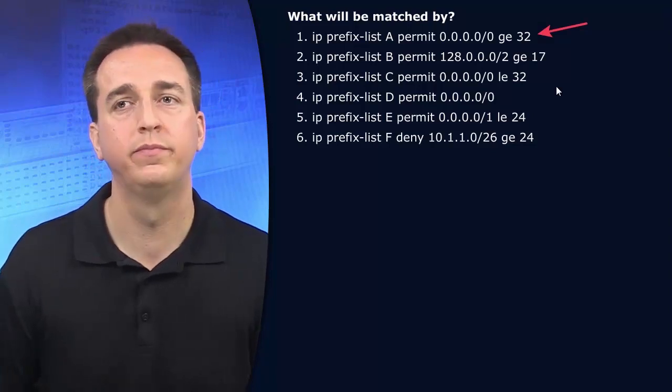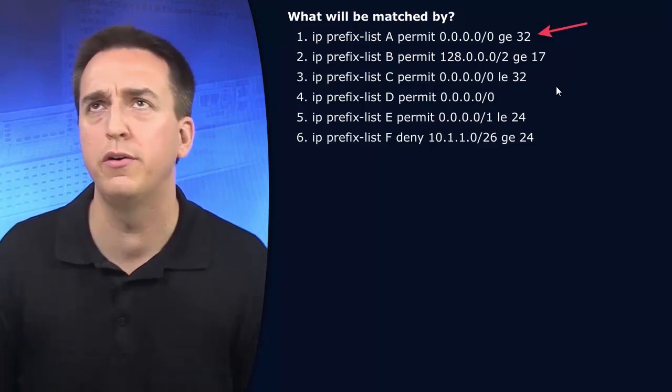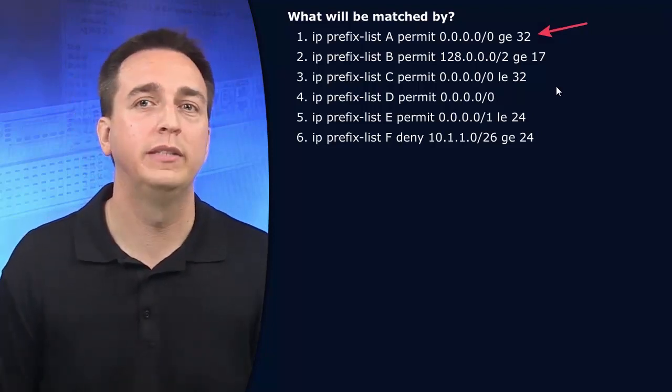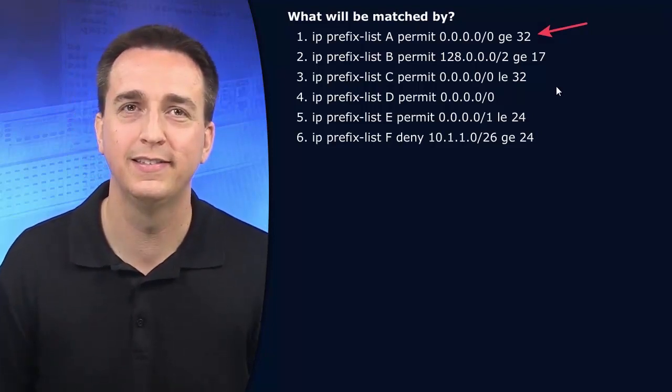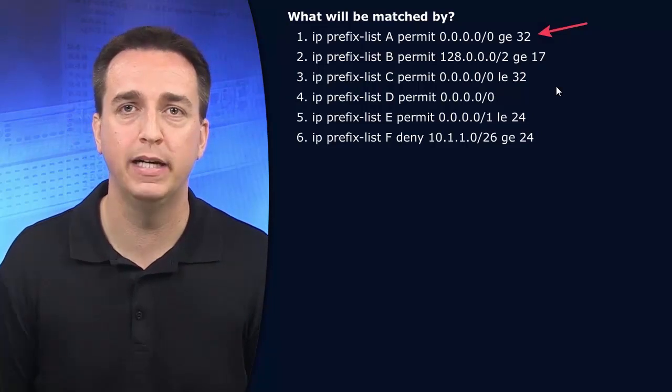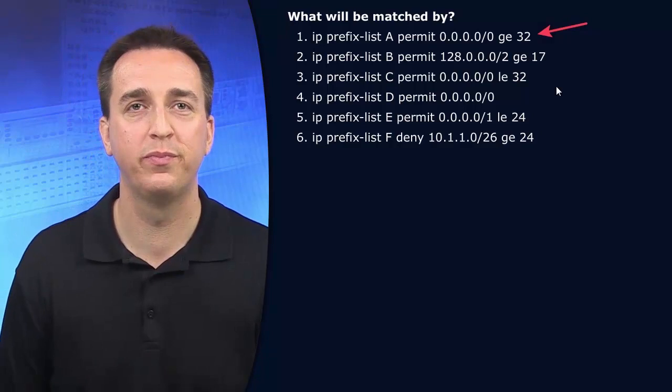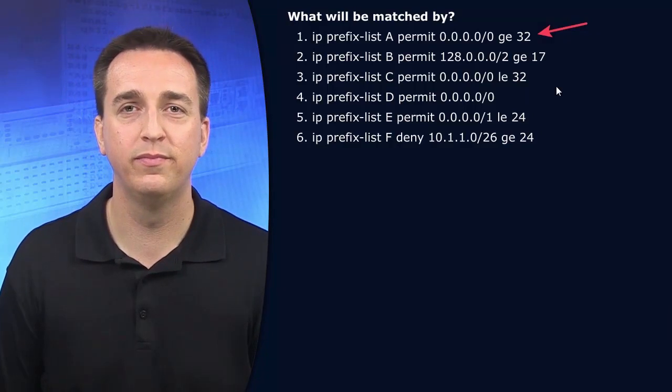No. What if we had a route in a routing table that was 10.1.1.8/32? Is that a host route? Yes, it is. That would be permitted in that case because it has a subnet mask of /32.